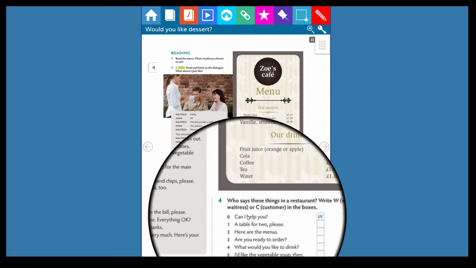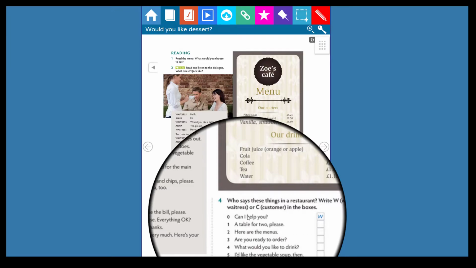Y las vamos a clasificar en dos. Vamos a colocar una W si la pregunta u oración la dice el mesero o mesera, waiter, waitress, o vamos a colocar una C si la pregunta u oración la dice el cliente.